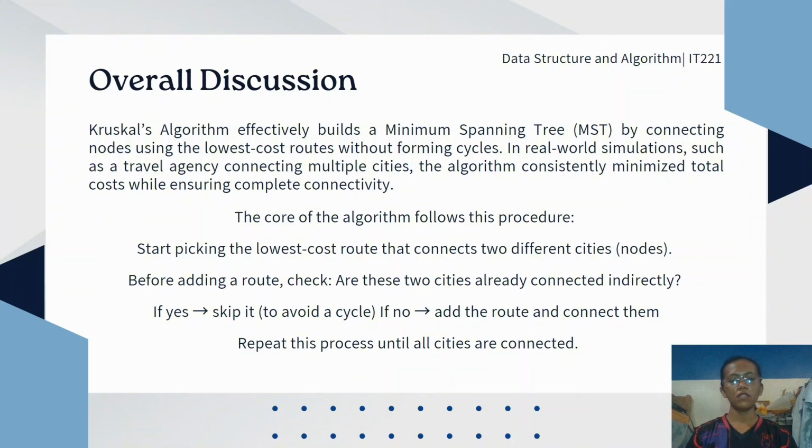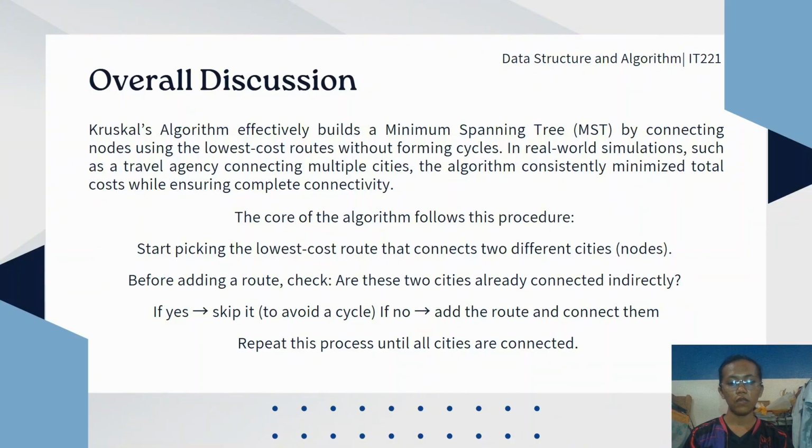So for the overall discussion, the Kruskal algorithm effectively builds a minimum spanning tree, or the MST, by connecting nodes using the lowest cost routes without forming cycles. In real-world simulation, such as a travel agency connecting multiple cities, the algorithm consistently minimizes total costs while ensuring complete connectivity. The core of the algorithm follows this procedure.